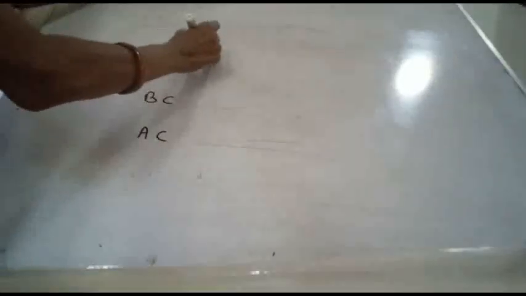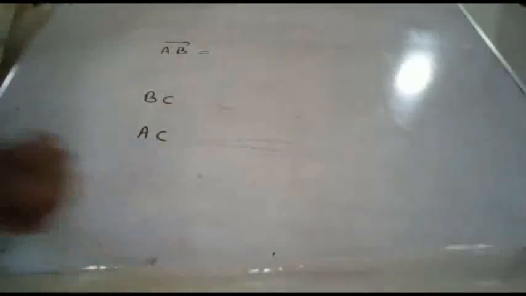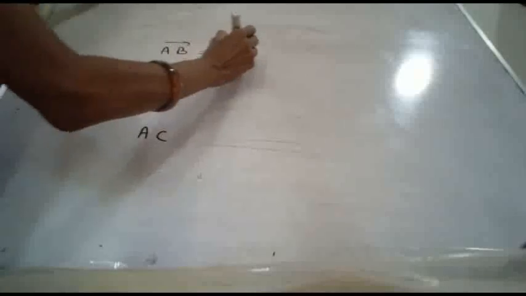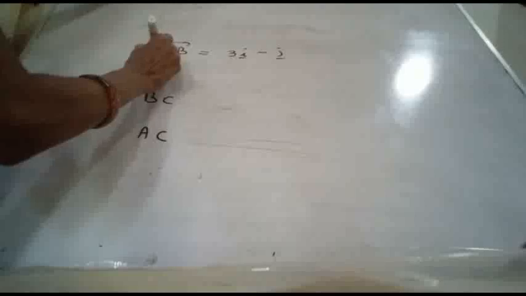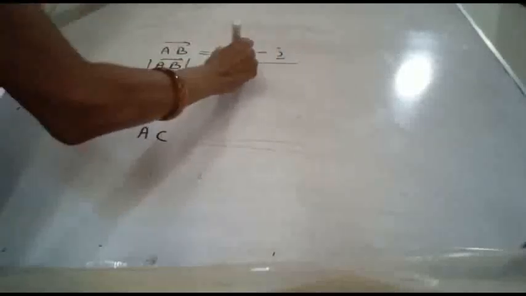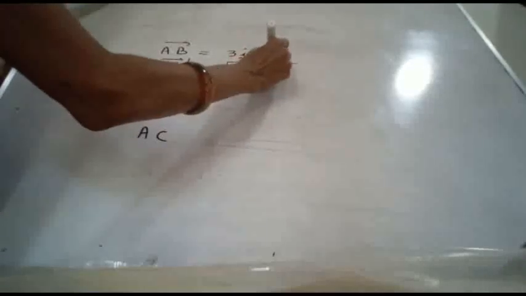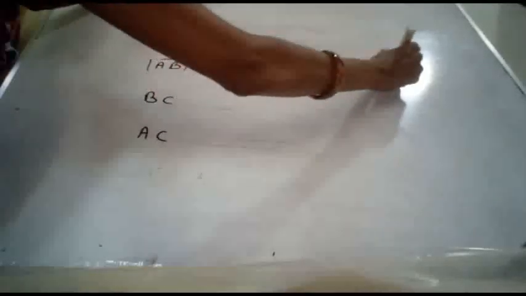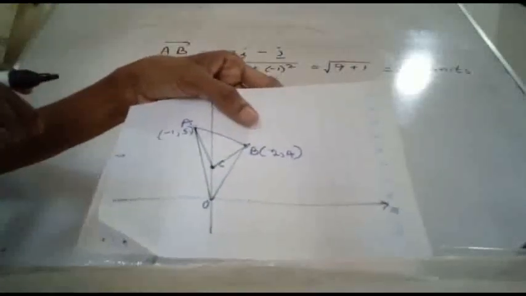Vector AB is equal to 3i subtract j. Modulus of AB is equal to the square root of 3 squared plus negative 1 squared, 9 plus 1, square root of 10 units. 1 unit is the length of 1 square.